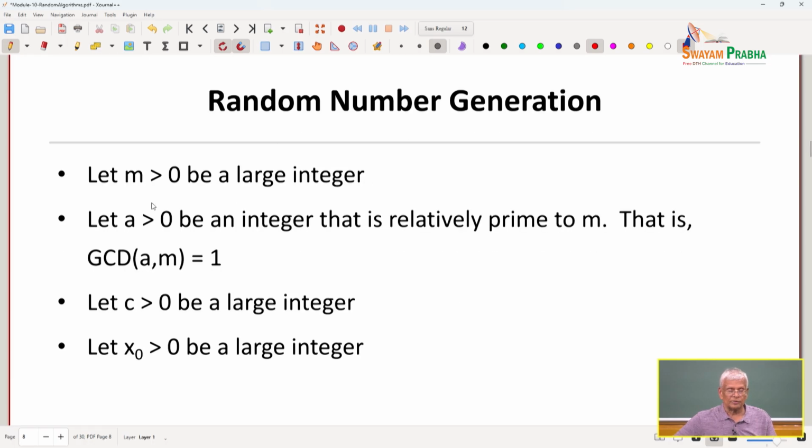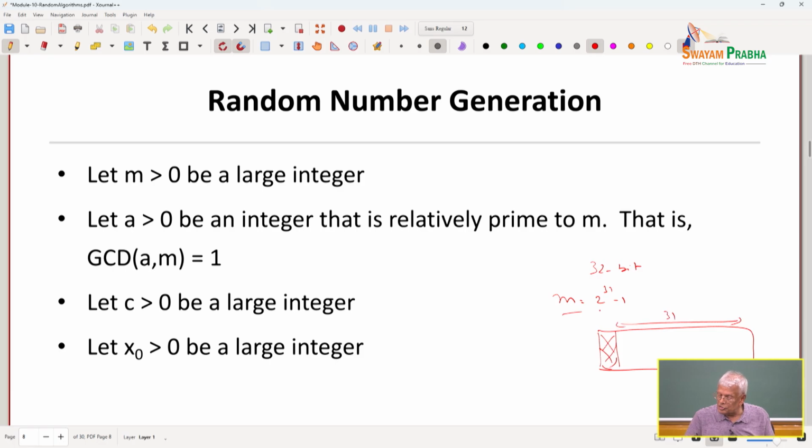So, random number generation. Let m be a large integer. In the case of standard 32-bit machines, m is going to be 2 to the power of 31 minus 1. Why is that? There are 32 bits, 1 bit is always reserved for sign, the rest are 31 bits.